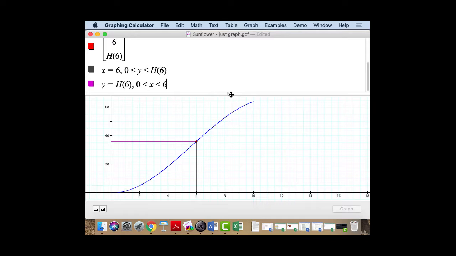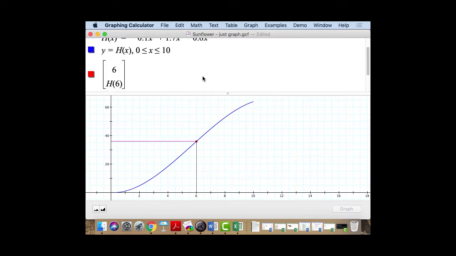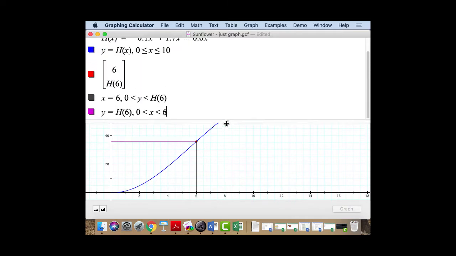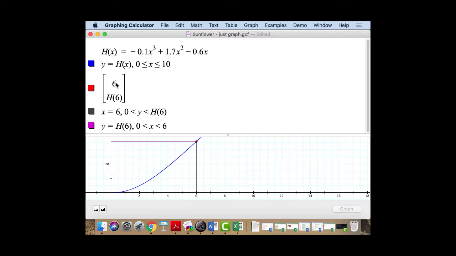If I want to be able to do that just in general, n is a letter that's built into GC for use with what they call sliders. So if I go back and instead of 4.245 or 6, I just change this to n, as soon as I type n, you'll see there's this little bar at the bottom. Right now it says n is 4.3, but I can change that.